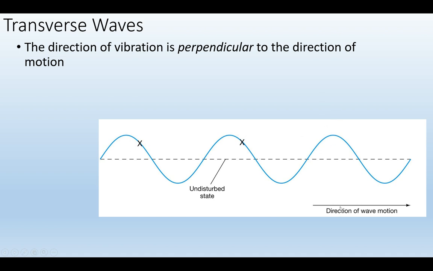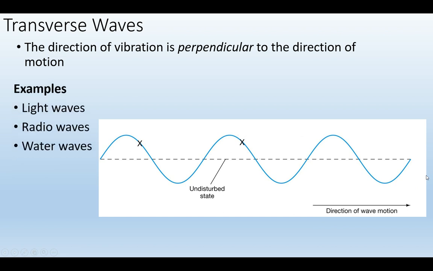So the medium is moving at a right angle, or perpendicular, to the direction of the wave. For example, light waves, radio waves, water waves. Again, water waves are things that you have seen. You may have even felt the water if you're on a boat or out on a floaty, right? You may have even felt the water disturbing your equilibrium state and moving you in an up and down motion.